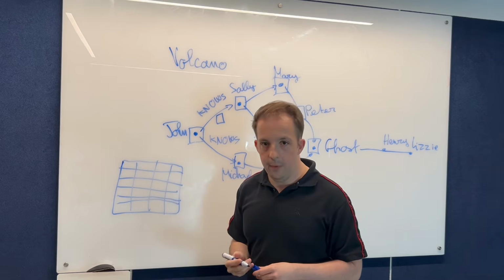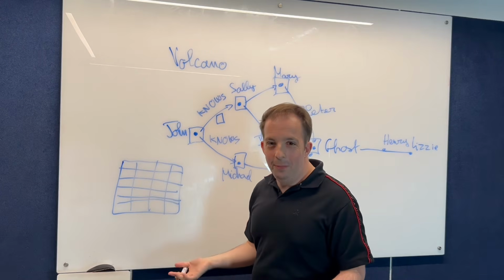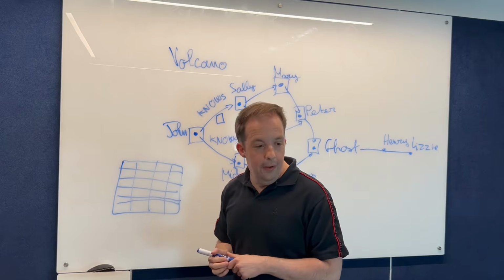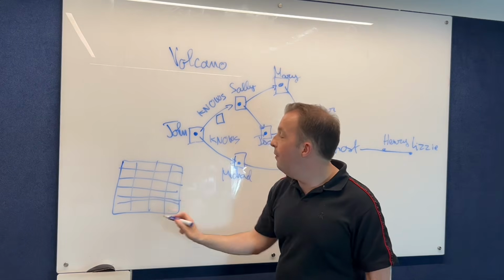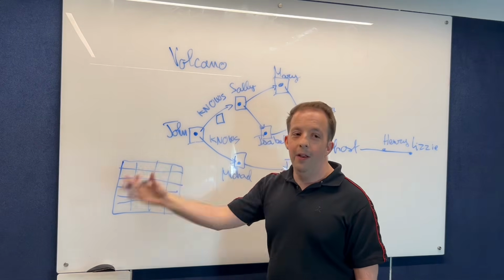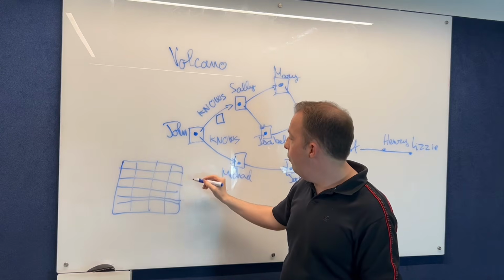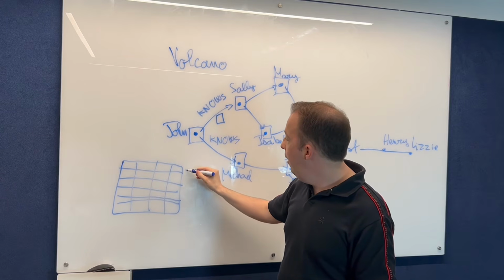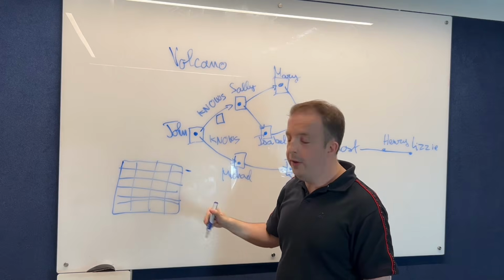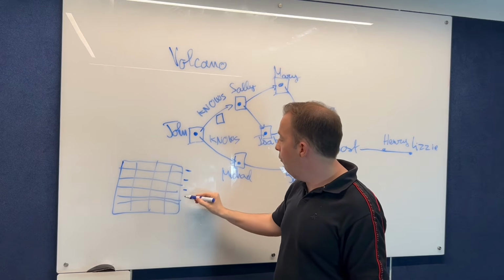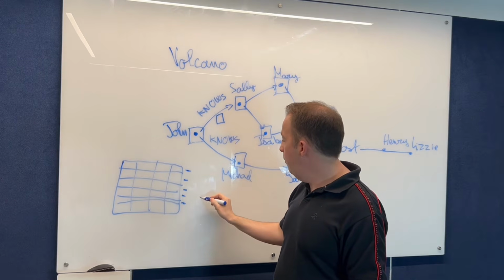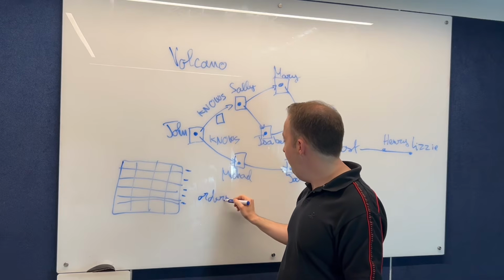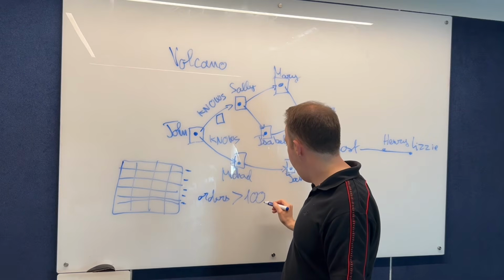Okay? Just a little parenthesis: if you have a classical relational database and you are traversing a table to see, for example, can you find me the customers that have orders greater than £100?